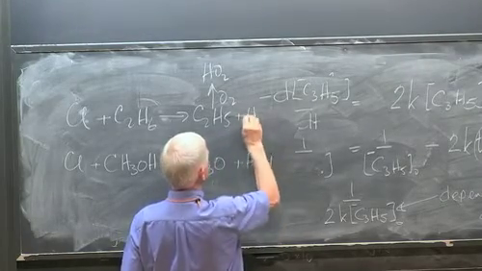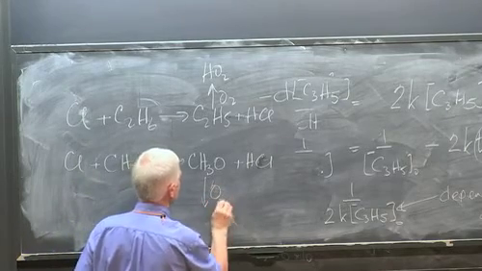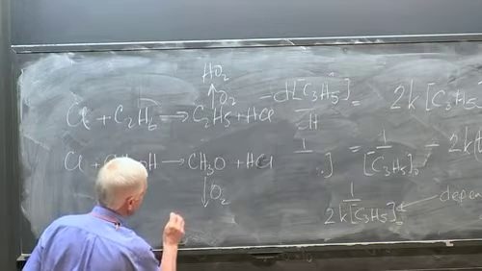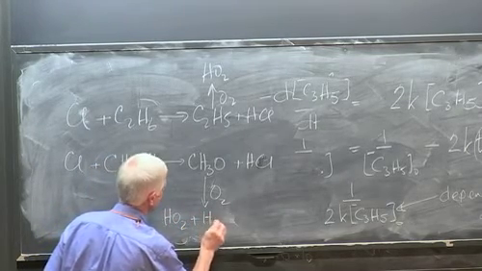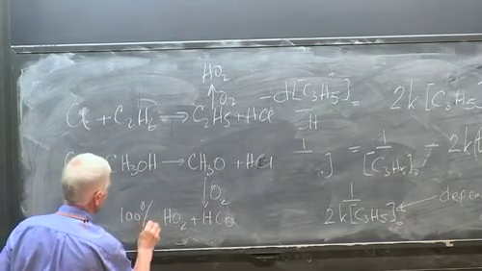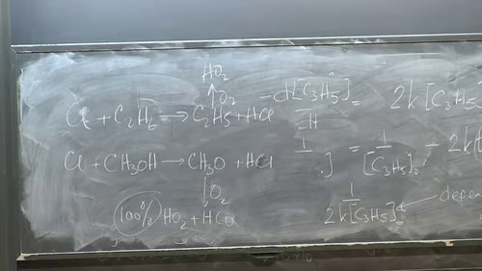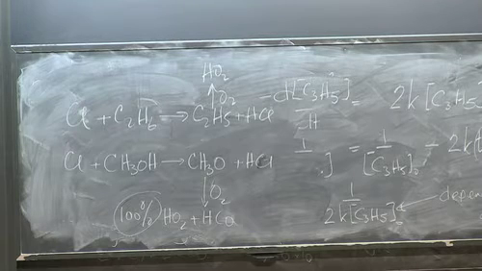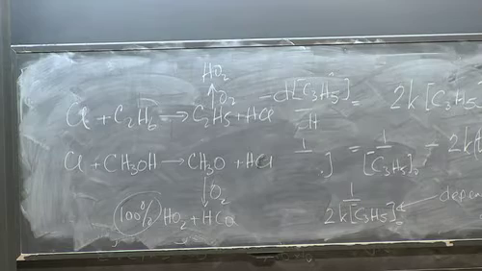And the CH3O reacts with O2 and forms HO2 plus HCO. And that HO2 is formed in 100% yield. So this particular reaction gives HO2 in 100%. So you can see here the HO2 from Cl plus methanol.